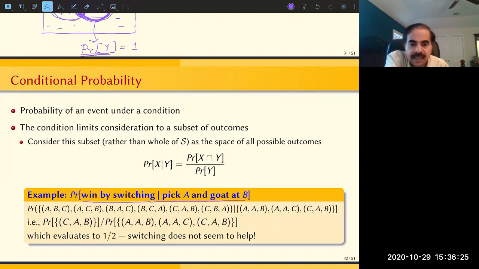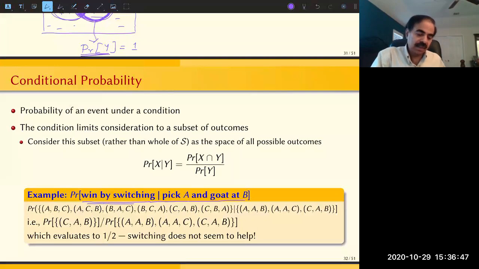Our intuition says that it shouldn't matter whether you switch your choice, but in fact, the analysis shows that by switching, you have a much higher probability of winning. And we are going to try to understand that using conditional probabilities.